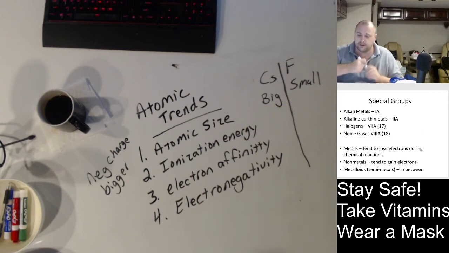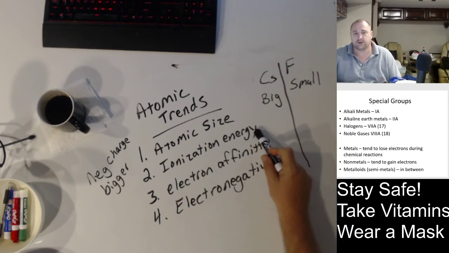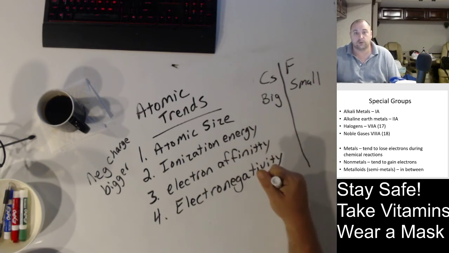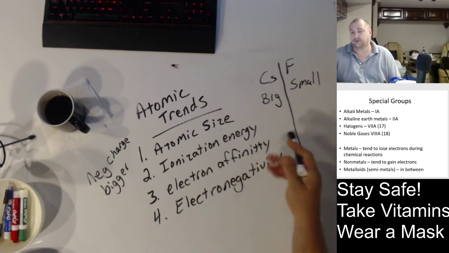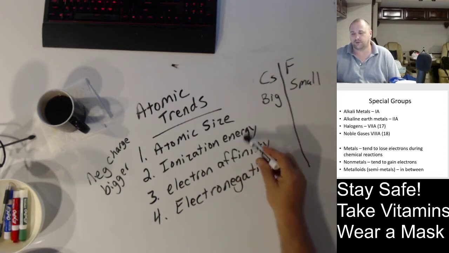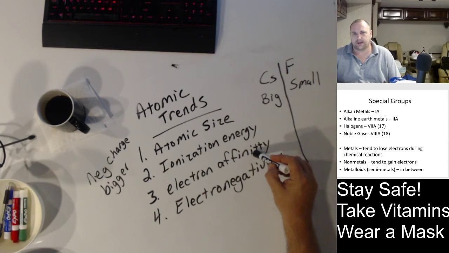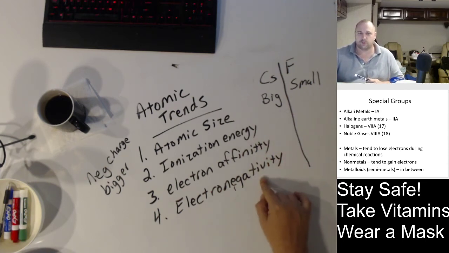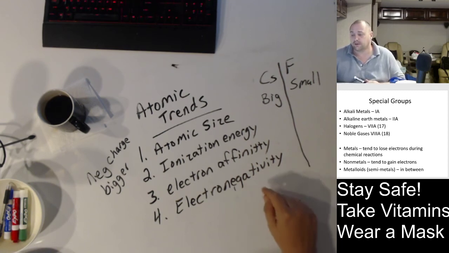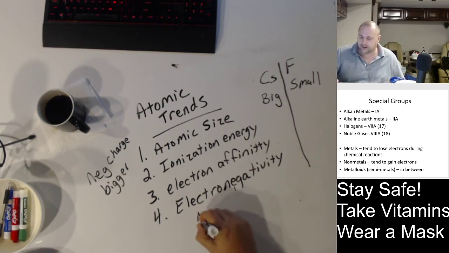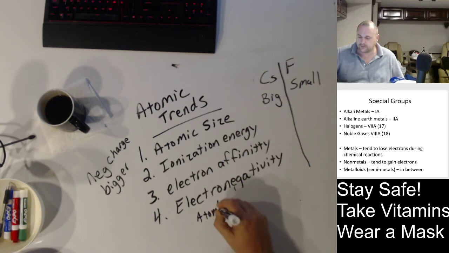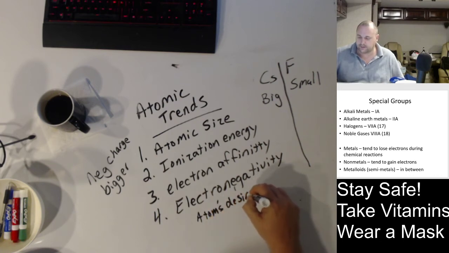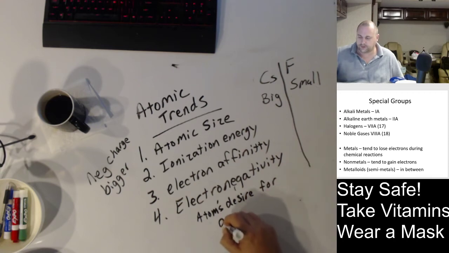Ionization energy: how much energy we have to pay an atom to pull away an electron. Electron affinity: how much energy the atom releases in order to buy an electron from us. These two go hand in hand, and they follow the same pattern, and I'm going to make life easier by worrying mostly about electronegativity, because it's the atom's desire for an electron.